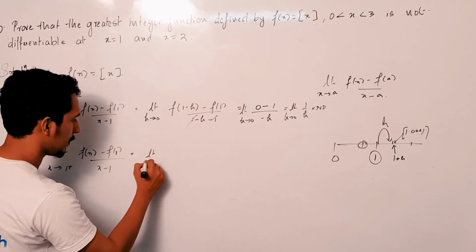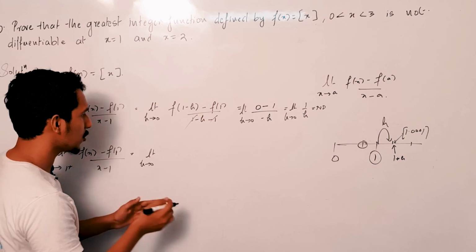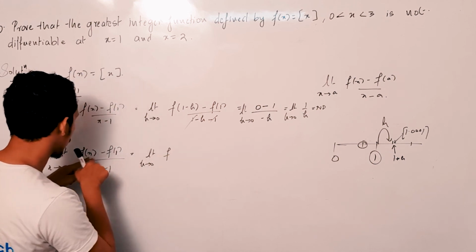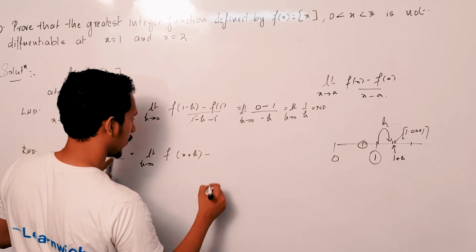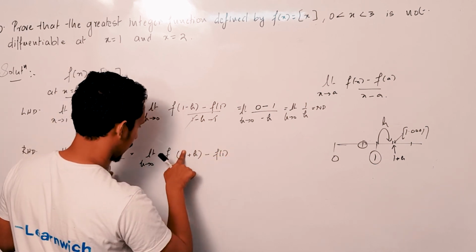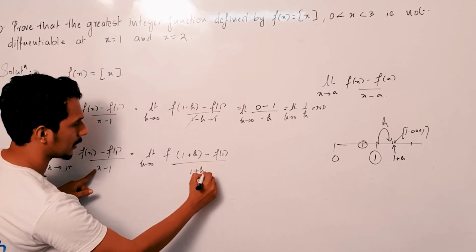So limit h tends to 0, h is a very small quantity, that is it tends to 0. X is now replaced by 1 plus h, f of 1 plus h minus f of 1, divided by 1 plus h minus 1.